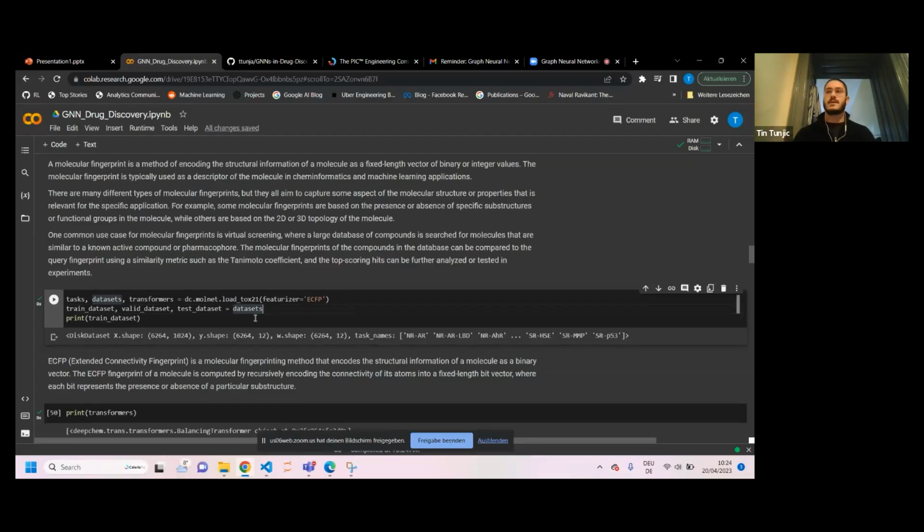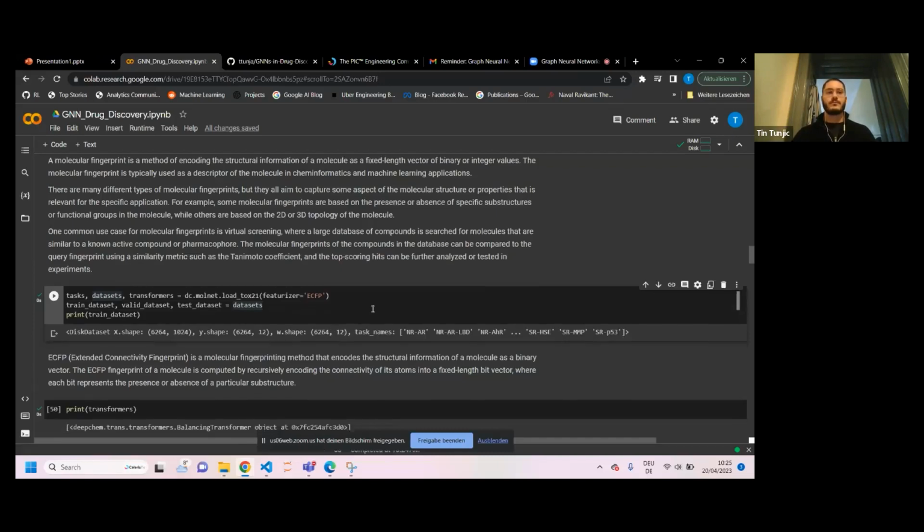So meaning, is that substructure coming in this molecule or not? And if yes, then there's a positive number. If not, there's a 0. And basically at the end, our output, our prediction, is going to be 12 possible assays. So meaning, is it toxic for this assay? Is it not? For all of those 6,264 rows.